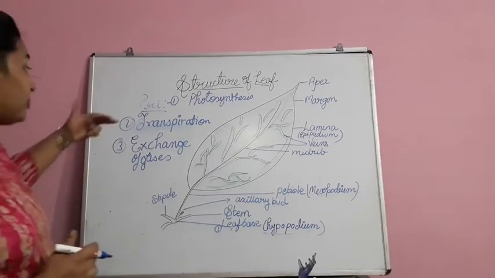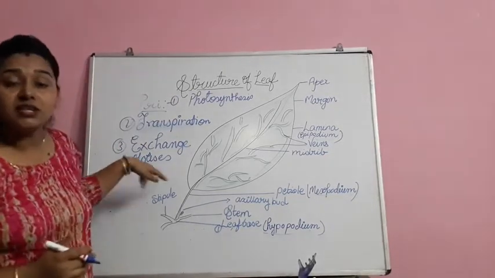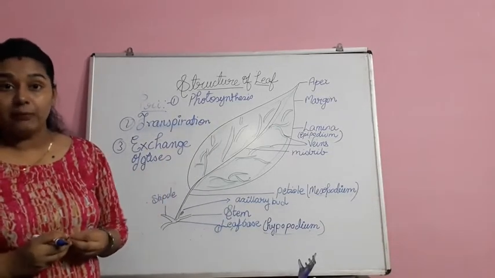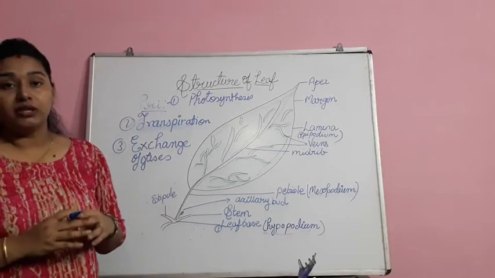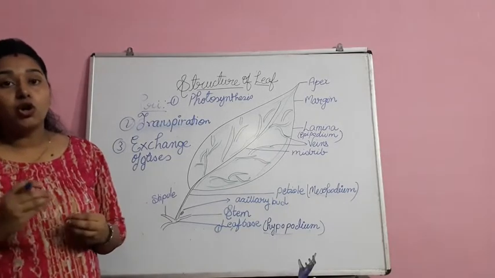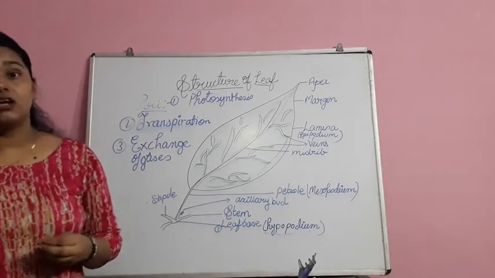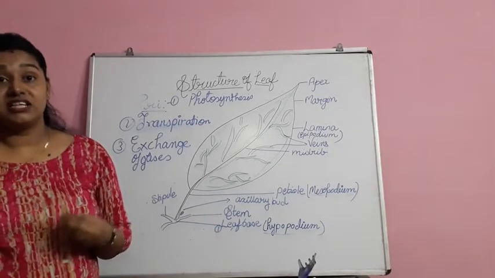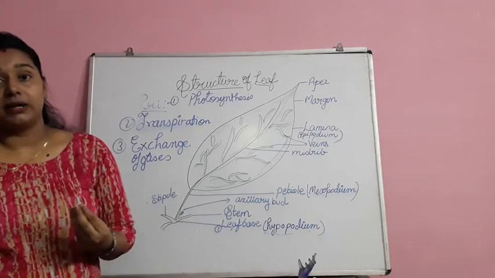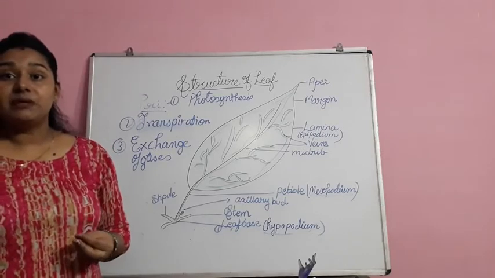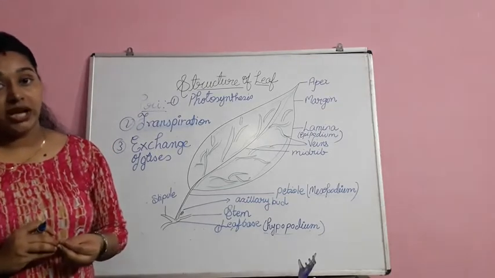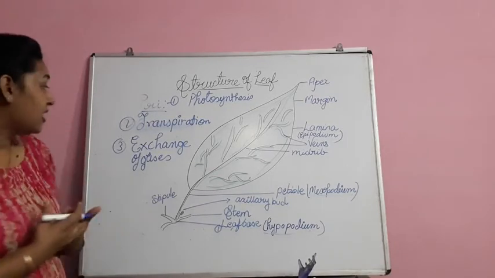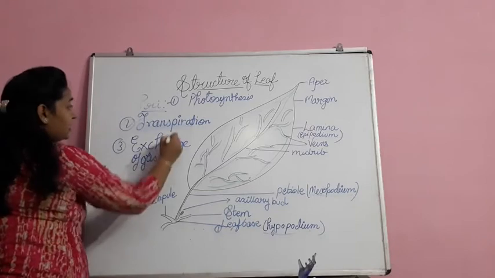As you know, for the process of photosynthesis, leaves get CO2 from the environment, and after making their food, the oxygen which is left after completing all the life activities is a waste material for the plant. So it expels it, throws it out to the environment. That kind of exchange of gases happens just because of these leaves.